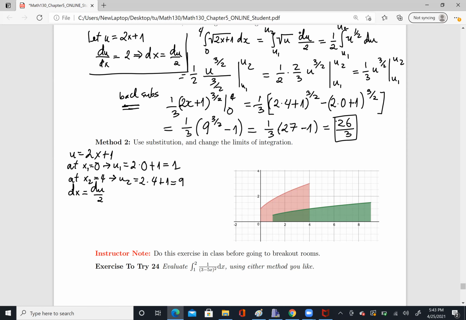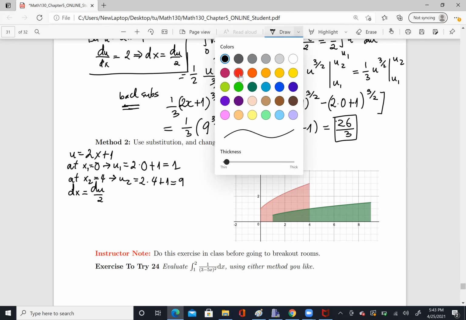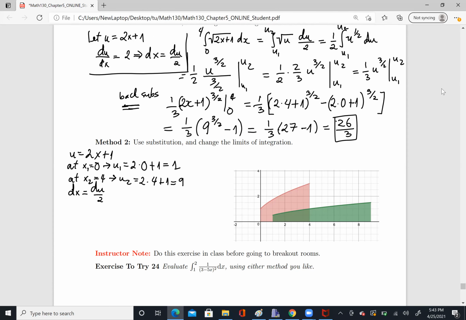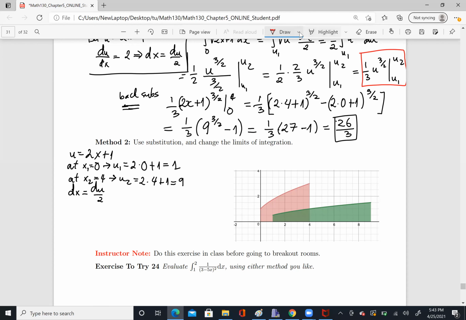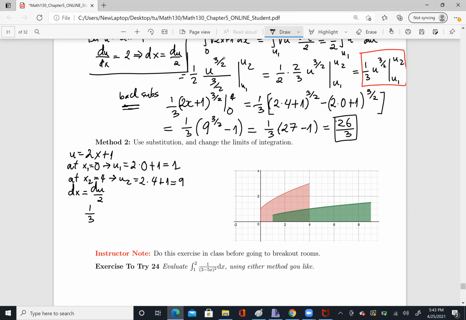So I will do the same as before, but at this step over here, I will just say 1/3 u to the power 3/2 with interval from u1 to u2.